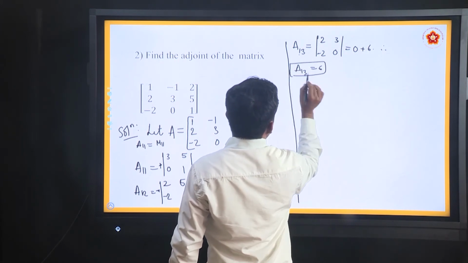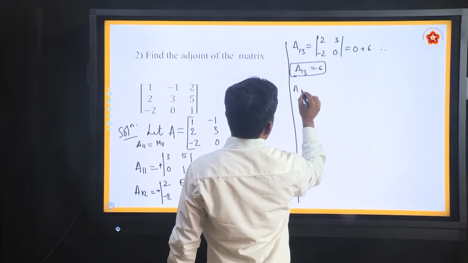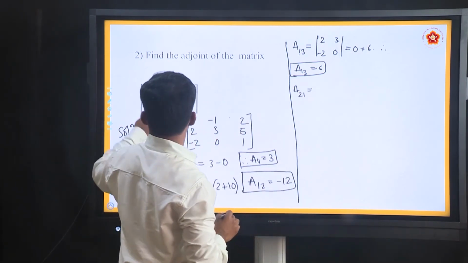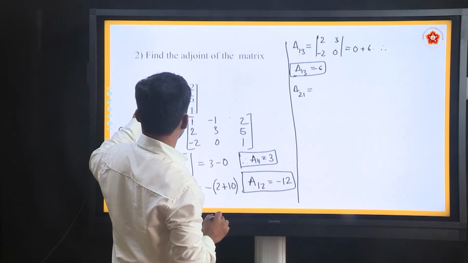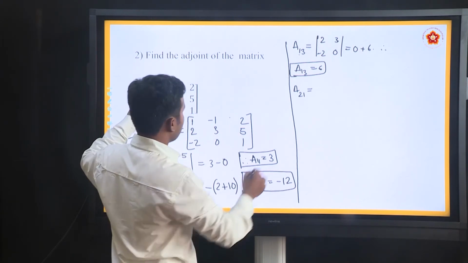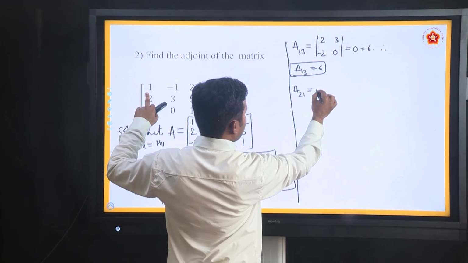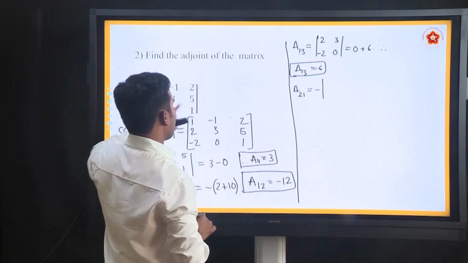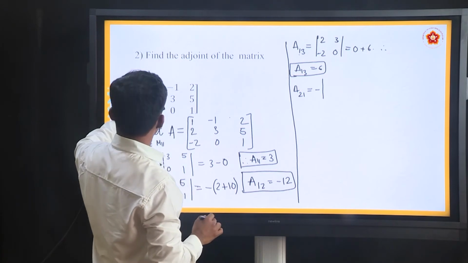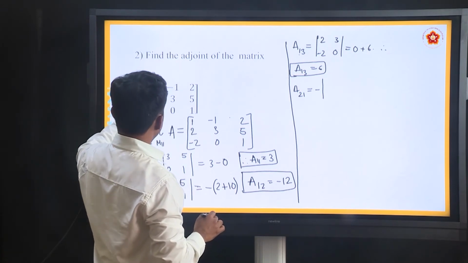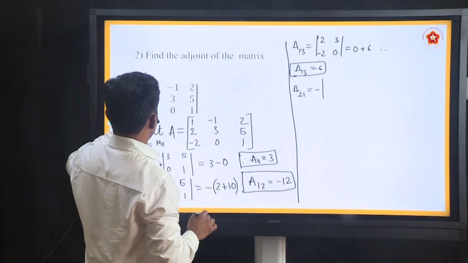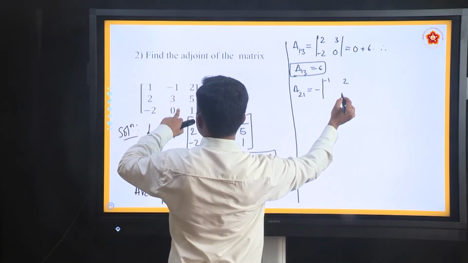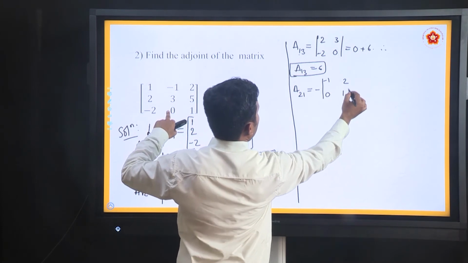Okay. Next, A21. What is A21? You just delete the second row, first column. You take the A21, which is minus, right? 3, minus 1 to the power 3 is minus. So now you just delete the second row, first column. What are the elements we left? Minus 1, 2, 0, 1.